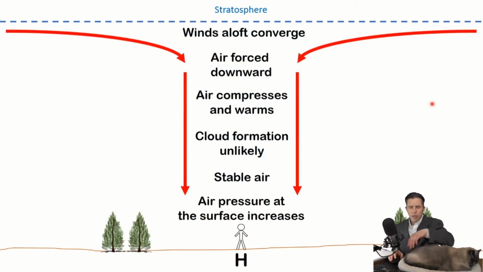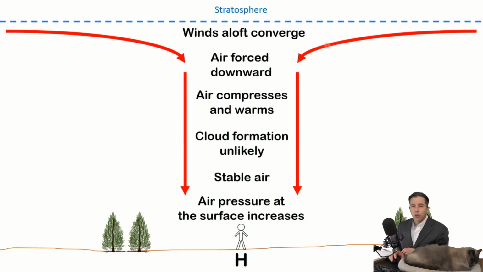So why would it change? Well, if you remember way back in the lecture on clouds, we talked about how the atmosphere is divided into two parts, the troposphere and the stratosphere. Winds up in the upper part of the troposphere, up by what we call the tropopause, sometimes come together and converge.